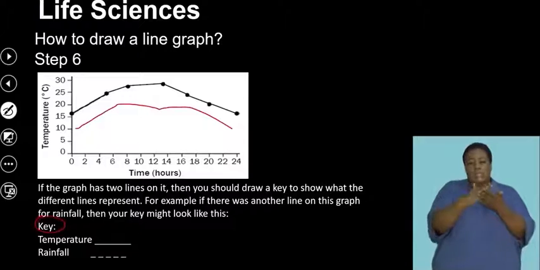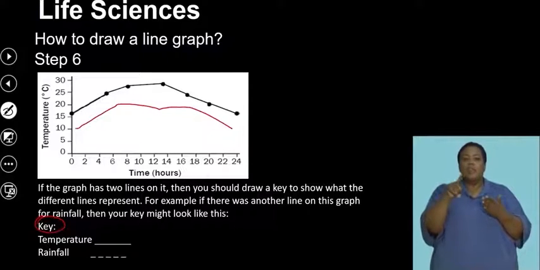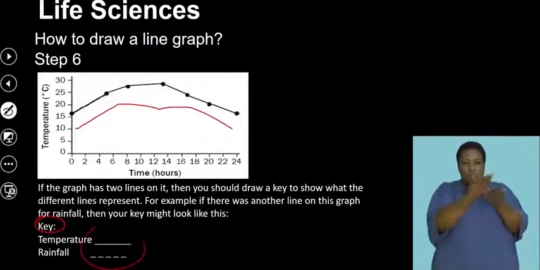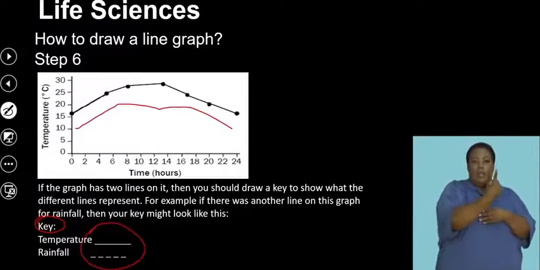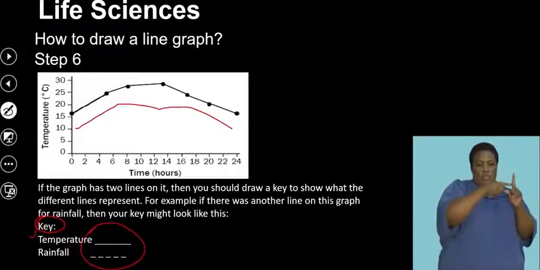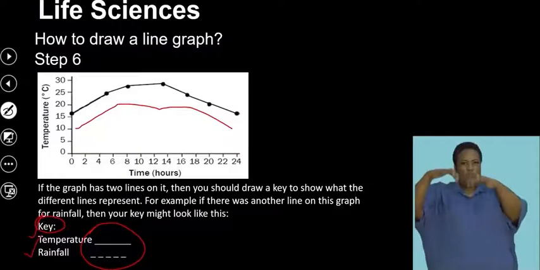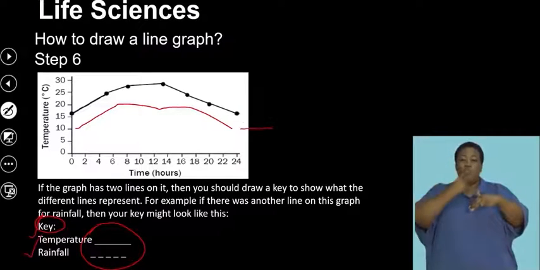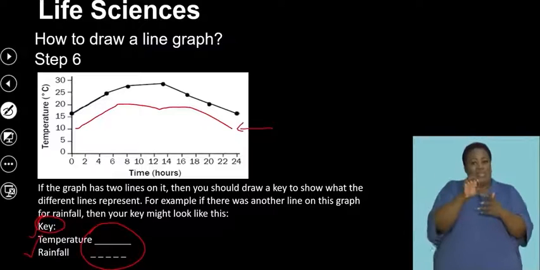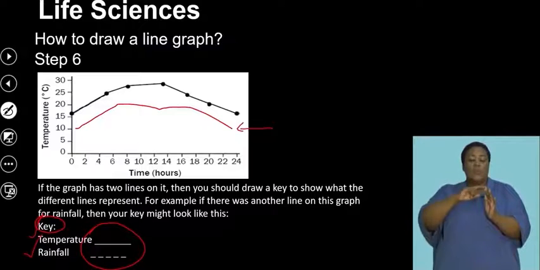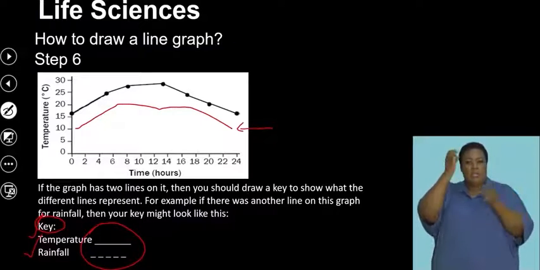And a key, or in some textbooks we refer to that as a legend, would be an illustration that allows an individual to identify the difference, in this case, between the one reading, which is for temperature, and the other reading for rainfall. So if the red line represented rainfall, we would need to indicate that in the key. So keys are important, and they make the interpretation of that information much easier.